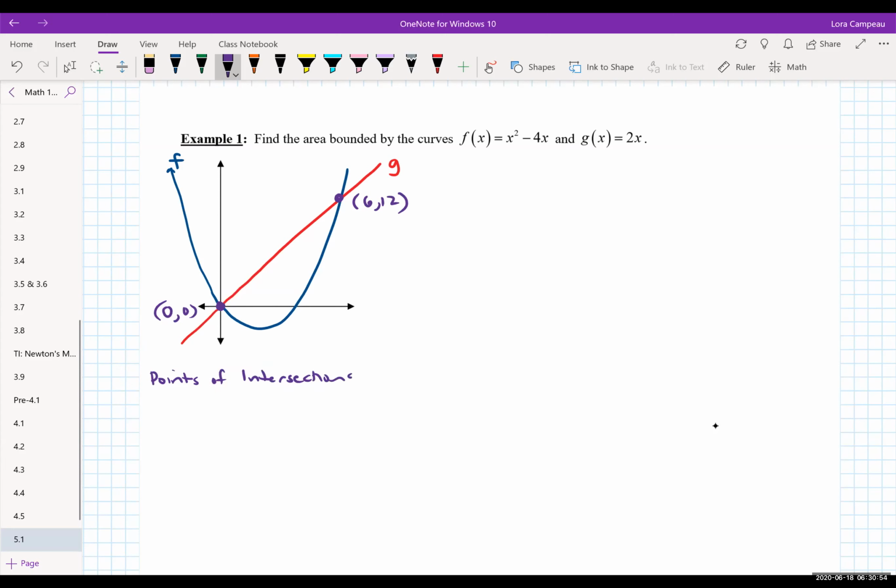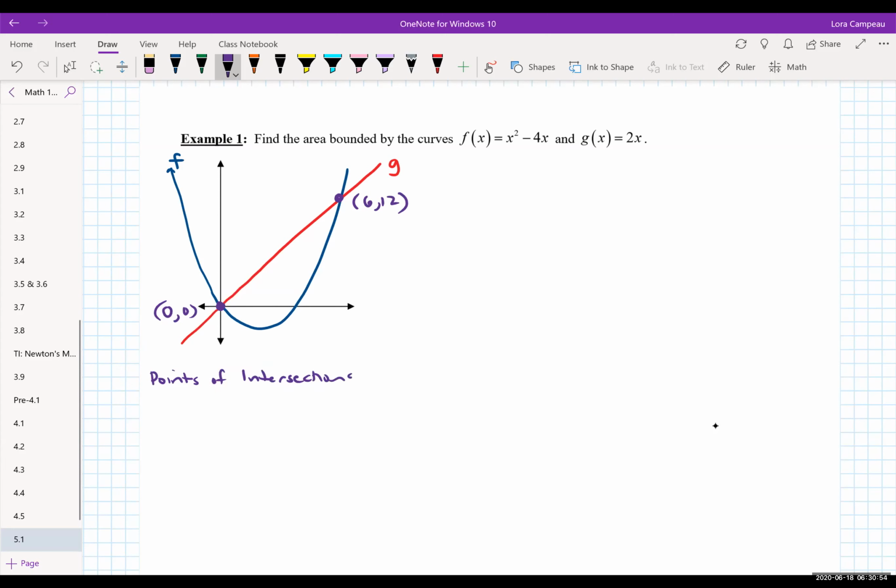So we see there's 2 places, but we could actually solve it this way. I have x squared minus 4x equals 2x. Looks like we've got a quadratic equation. We could subtract 2x from both sides. I have x squared minus 6x, and then we notice that we have x times x minus 6 equals 0. So we're going to have x equals 0 or x equals 6.